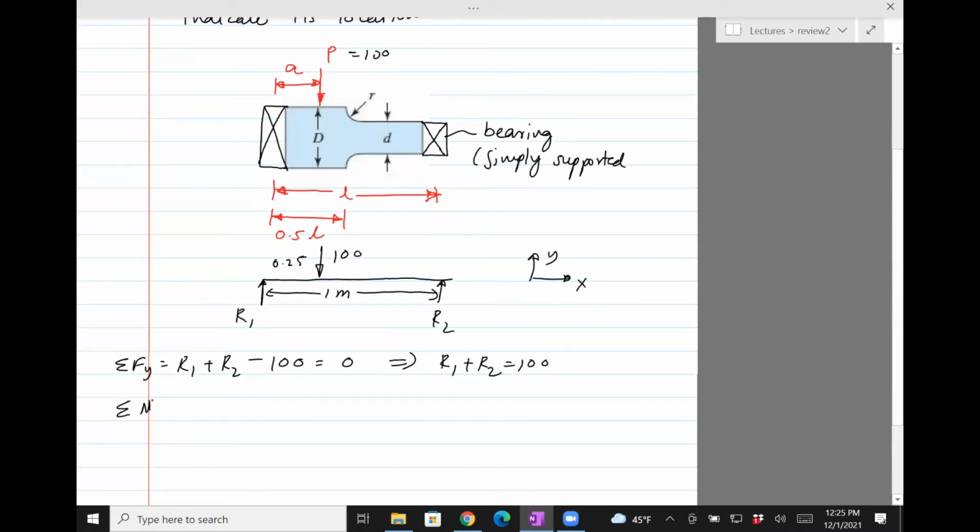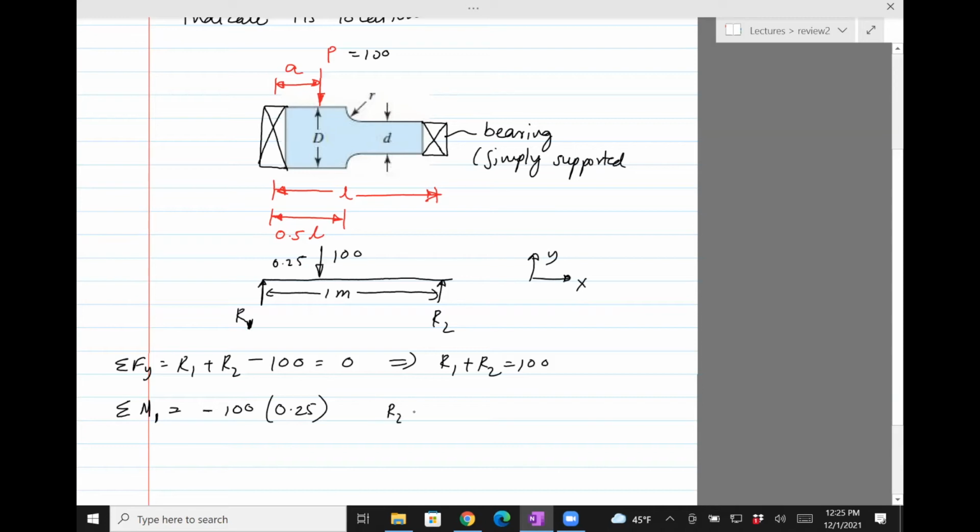Then we can take moments about, let's say, this point 1. We have 100, which is at a distance of 0.25 from the point where R1 acts. You can see that the moment due to the 100 Newton force is going to be in the clockwise direction, so negative sign.